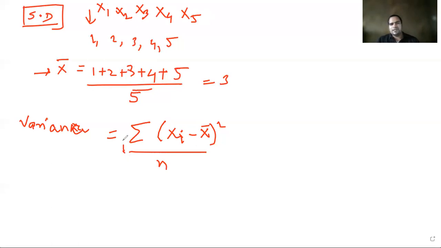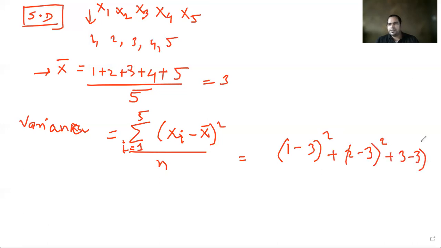Ideally, I should have written that it starts from i equals 1 to i equals 5. So this basically means you're going to do 1 minus 3 the whole square plus 2 minus 3 the whole square plus 3 minus 3 the whole square plus 4 minus 3 the whole square plus 5 minus 3 the whole square.